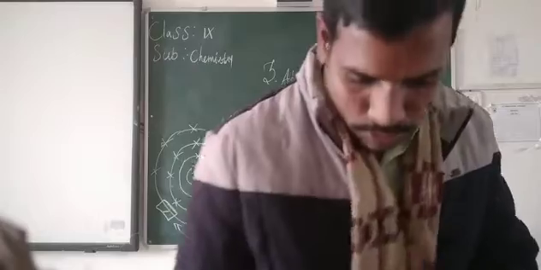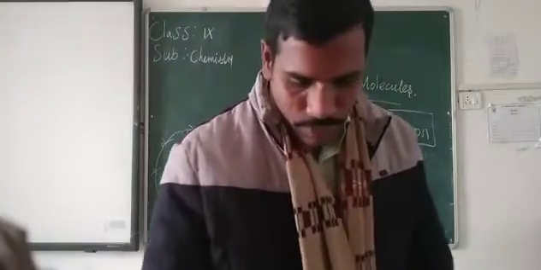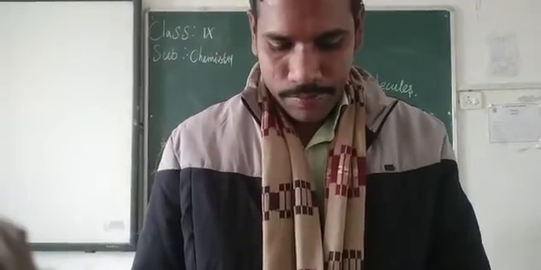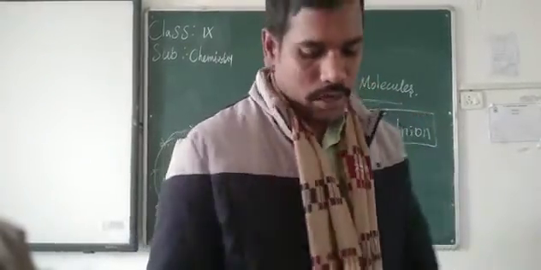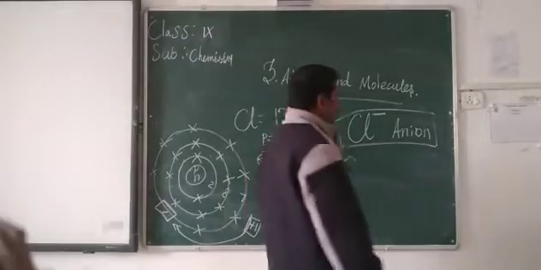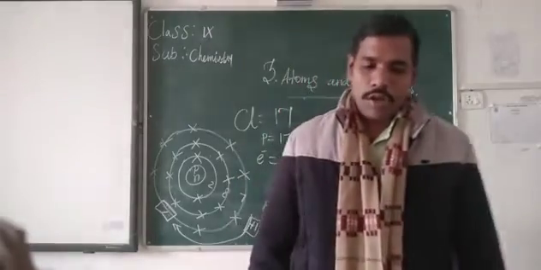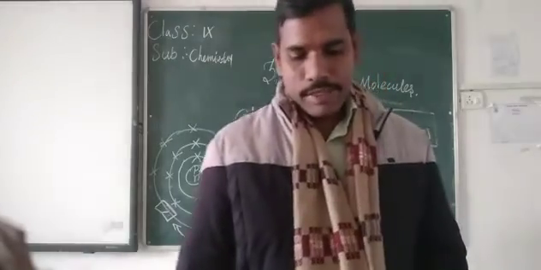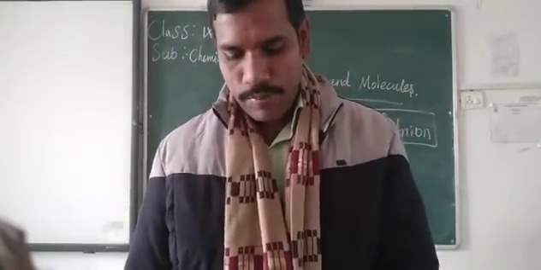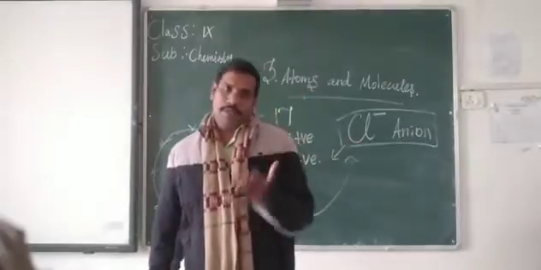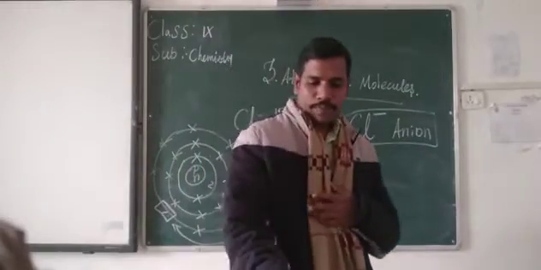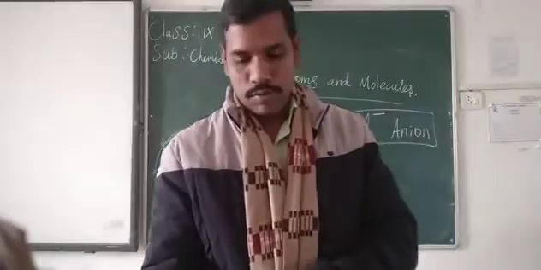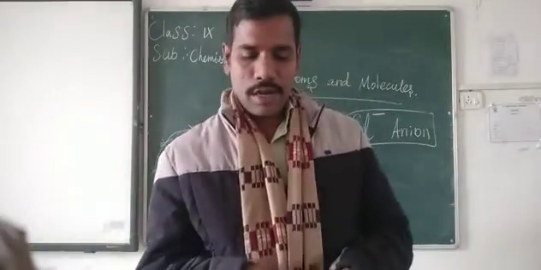In your book, some ions are given, positive ions and negative ions, called cations and anions. For example, sodium ion, potassium ion, silver, copper, magnesium. This is given on page number 37 of your book. Please go through it and revise these ions.